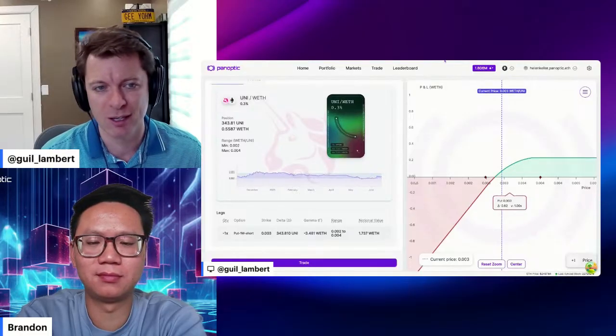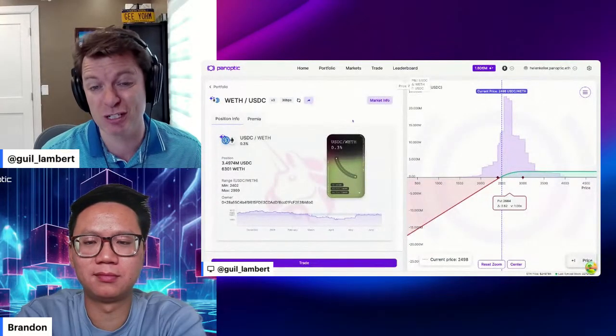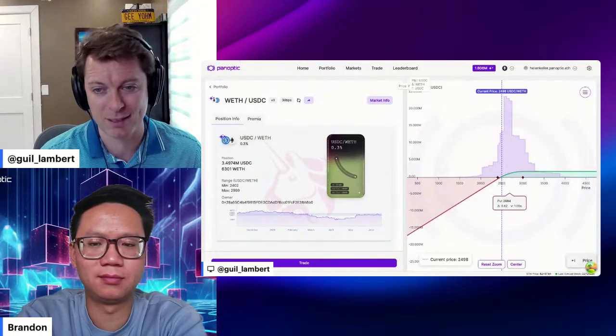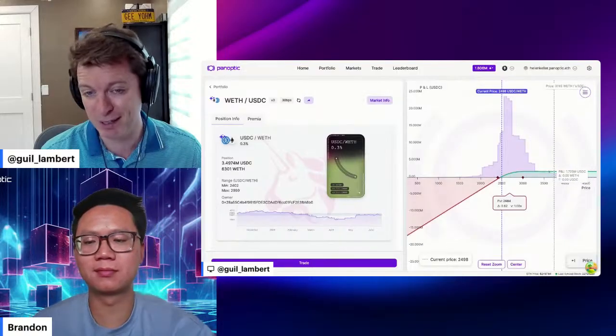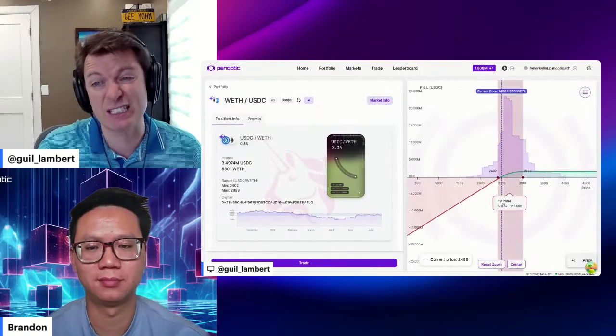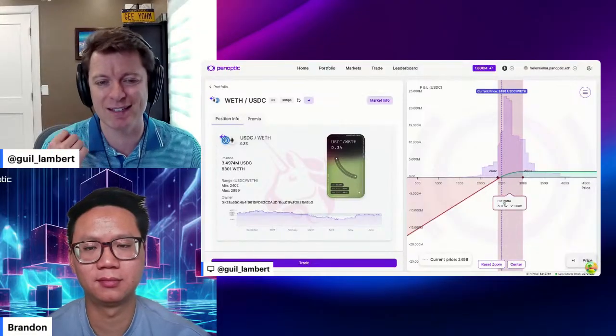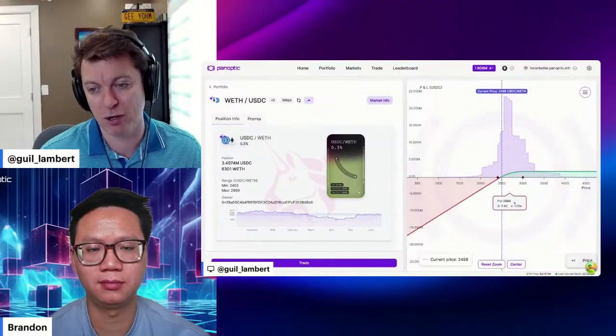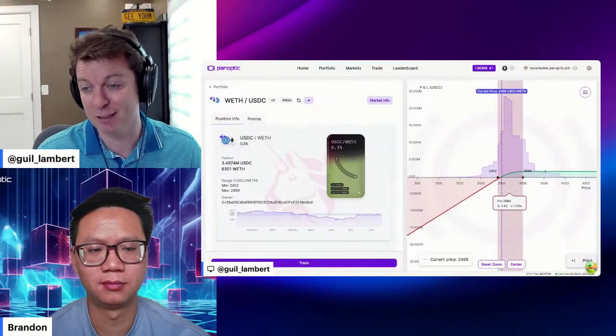And now I'm spying on a different position. This position is in the ETH USDC pool, 30 bips. It has the same payoff. And the key point is that now, because it has USDC as the pair inside, if the price goes up, you're 100% USDC and you have a flat payoff.